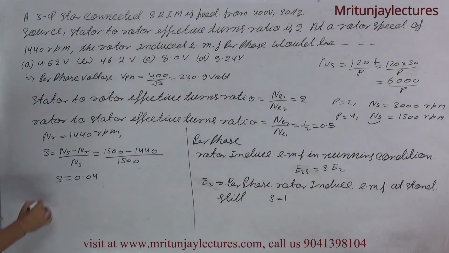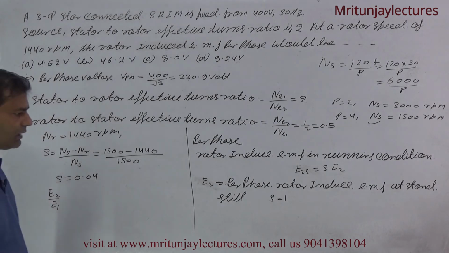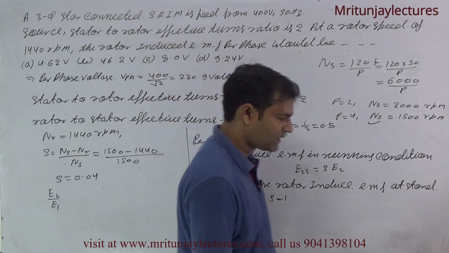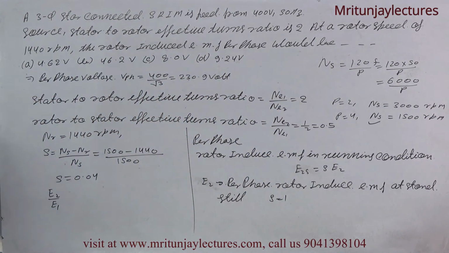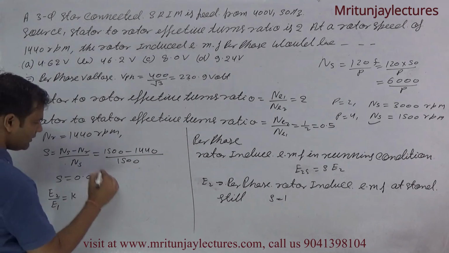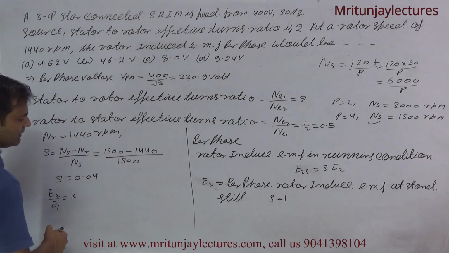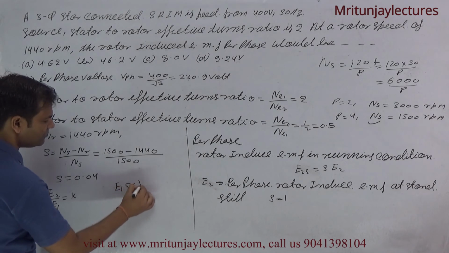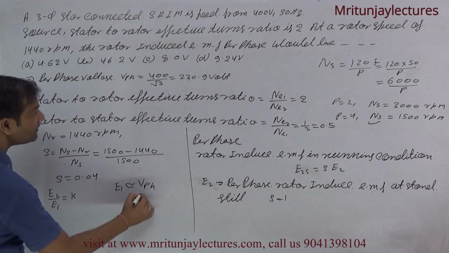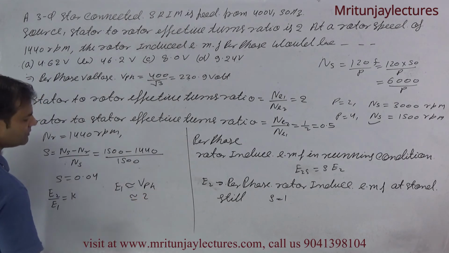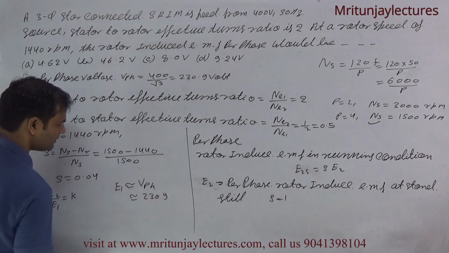Okay, what about E2? I know that E2 by E1 is equal to K. E2 is the per phase rotor induced EMF at standstill, and E1 is the stator induced EMF. Now if stator impedance is neglected, then E1 is closer to VPH, which is 230.9 volt.